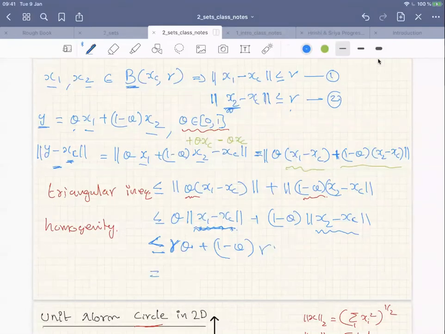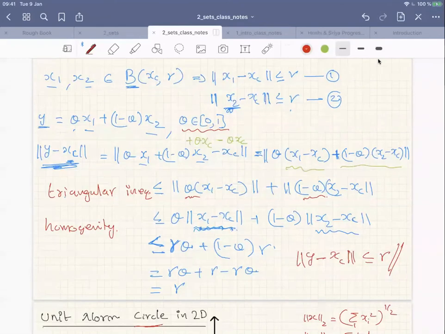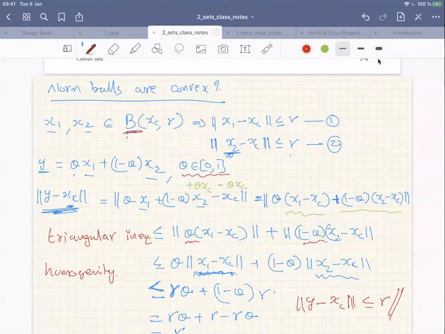This is equal to r theta plus r minus r theta, which is equal to r. So we proved that the norm of y minus xc is less than or equal to r. That means y is part of the norm ball. Provided x1 and x2 are part of the norm ball, the convex combination of them is again part of the norm ball. So norm balls are convex.